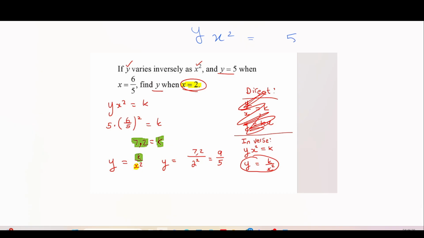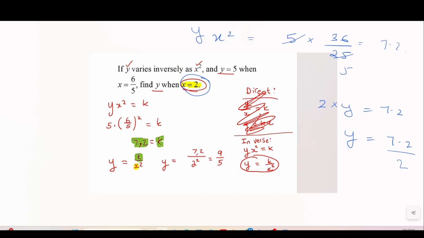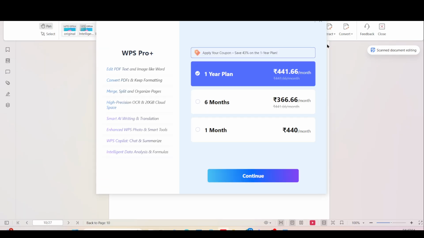Because y is 5 and x is 6 fifths, 6 squared is 36 and 5 squared is 25. If we solve it, we get 7.2. So now we have to find y when x is 2. This is going to be 2 squared times y equals 7.2, so y will be 7.2 divided by 4, and this will be our answer.